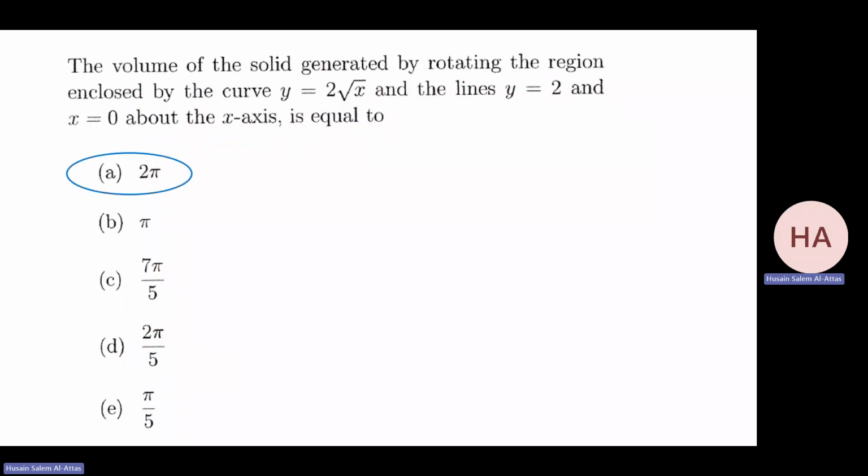Generated by rotating the region enclosed by the curve y equals 2 square root of x, which is this one, and the lines y equals 2, which is at x equals 1, and x equals 0, which is the y-axis. So I'm talking about this region. About the x-axis.